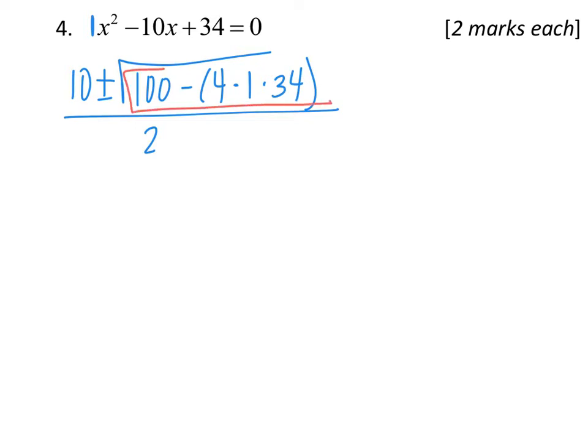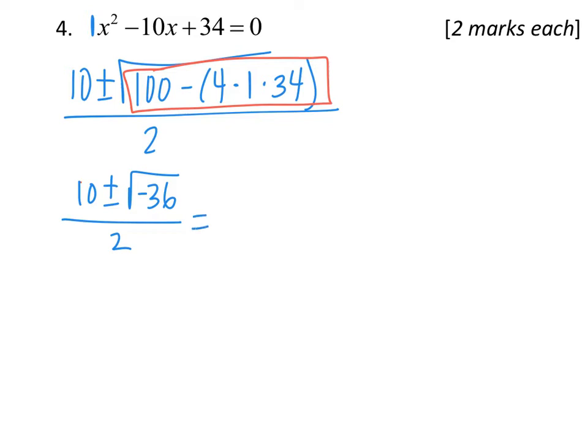So put the discriminant, if you remember that fancy word, into your calculator. And we get a negative number. 10 plus or minus the square root of negative 36, all over 2.